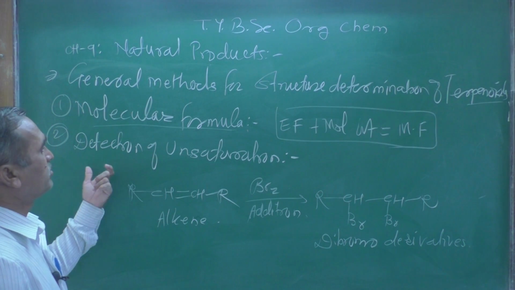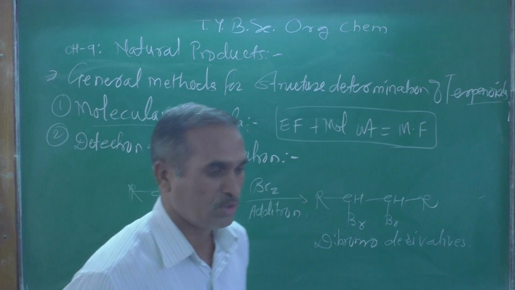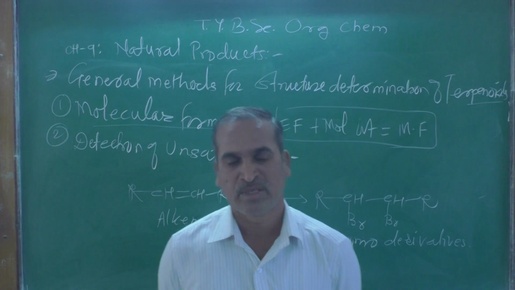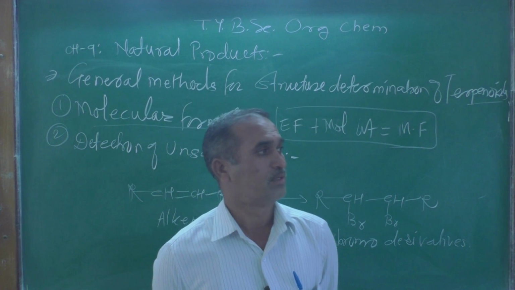This is the detection of unsaturation, meaning how do you identify the presence of a carbon-carbon double bond in an unknown terpenoid.